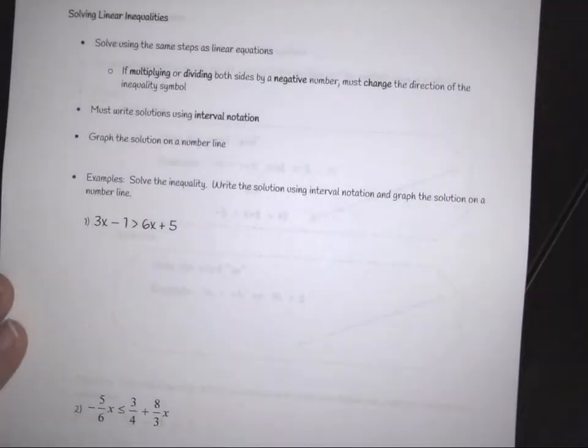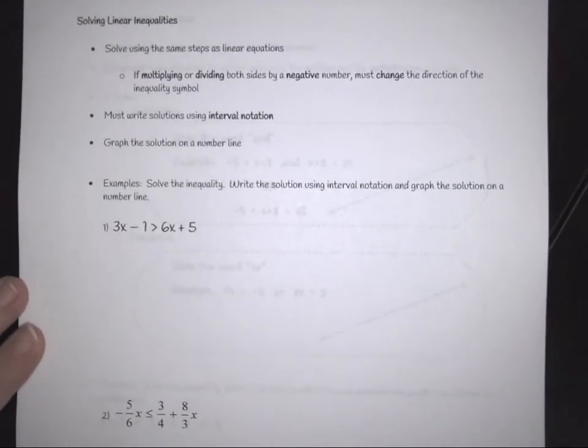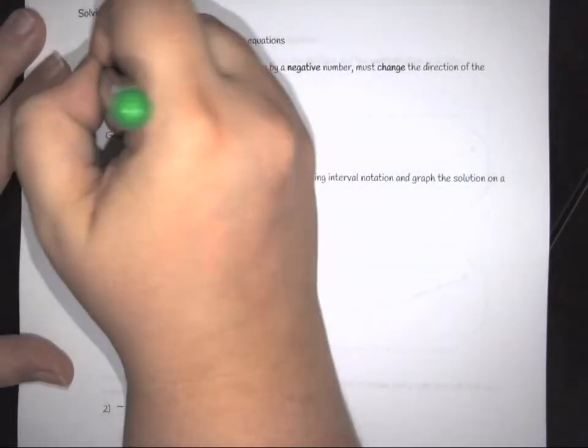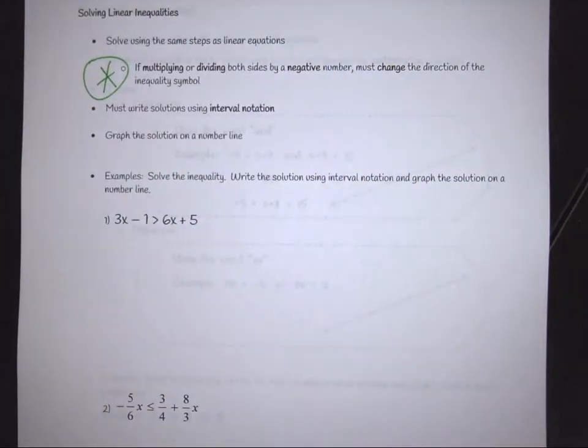So let's take this idea and let's actually work with how to solve. Solving inequalities, the first thing we need to do is look and see if we have any multiplying or dividing that has to be done. And we need to remember that if you multiply or divide by a negative, then you must change the direction of your inequality sign.